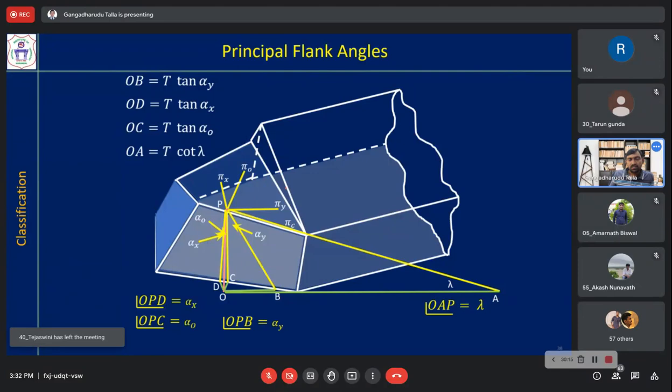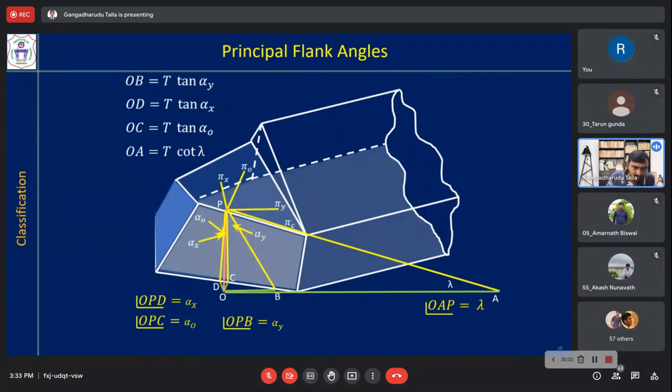If I draw a vertical from O onto the line joining D, C, B and A, then we will get the minimum clearance angle.